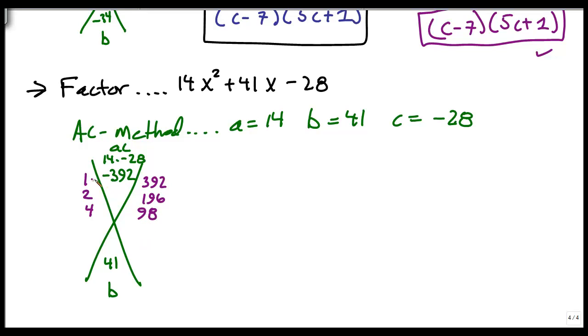Now notice we're getting close to our answer. The difference between 1 and 392 is 391 units. The difference between 2 and 196 is 194 units. So you can see I have gone from 391 to 194, and now I'm at 94 as my difference here. So again, I'm trying to sneak in on that till I can get somewhere that's kind of close to 41.